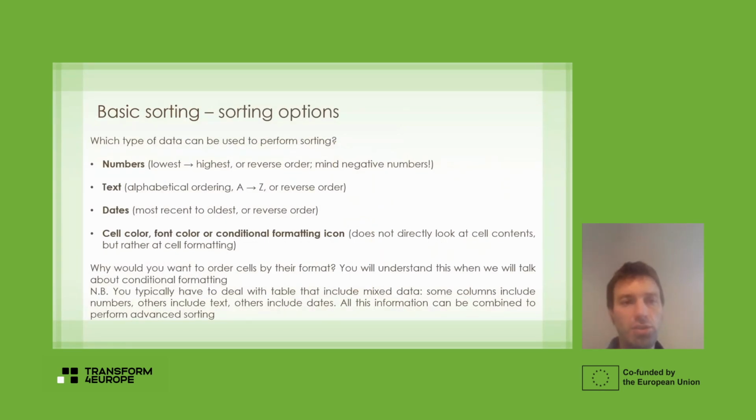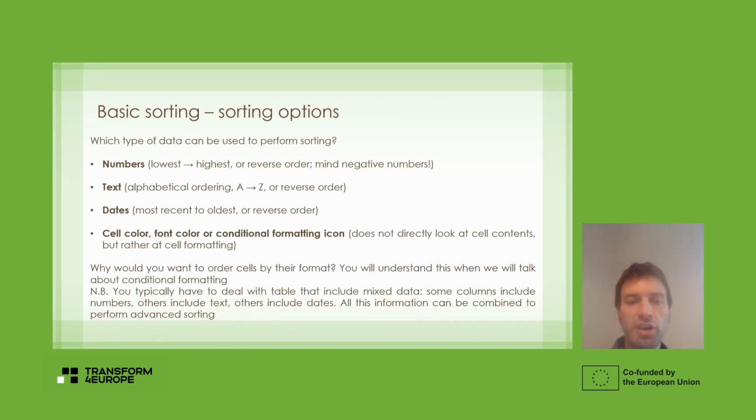Okay, so as I told you, the most common situation is where you have numbers or text, but sometimes you might be willing to sort columns by other criteria. Of course, we might have dates, and the sorting option will be to sort them from the most recent to the oldest one, or the other way around.